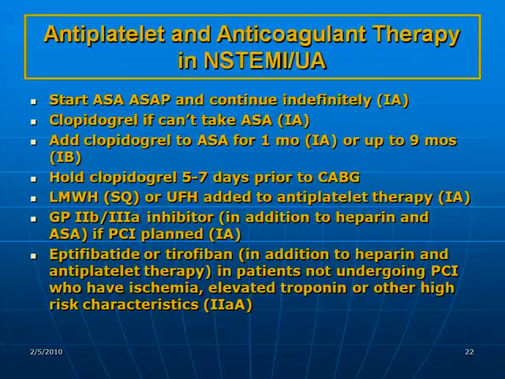Now, years ago, when PCI was not a routine part of management of these patients, giving prolonged infusions of the short-acting, small molecule glycoprotein 2B3A receptor antagonists, which are eptifibatide, which is Integrilin, or tirofiban, which is Aggrastat, was common.